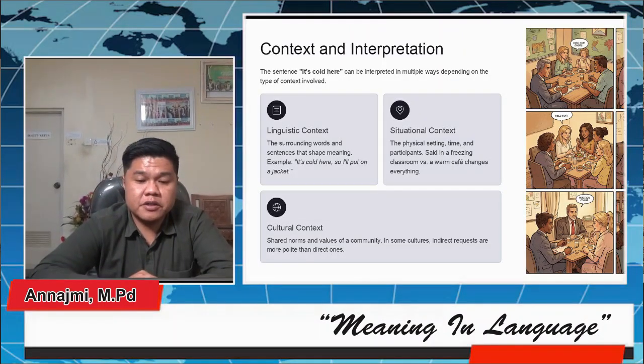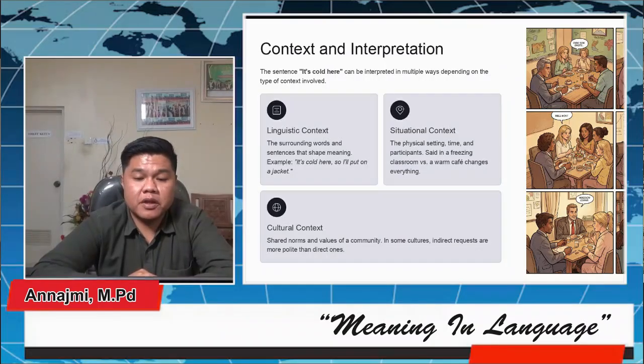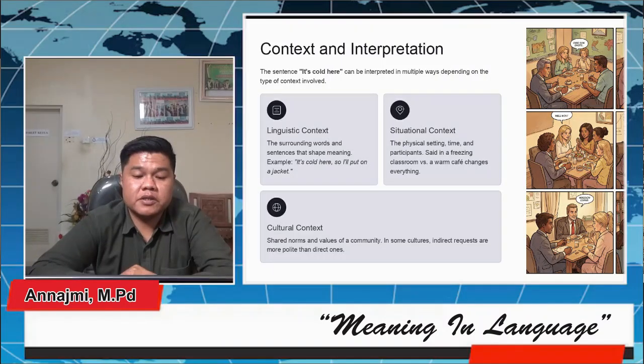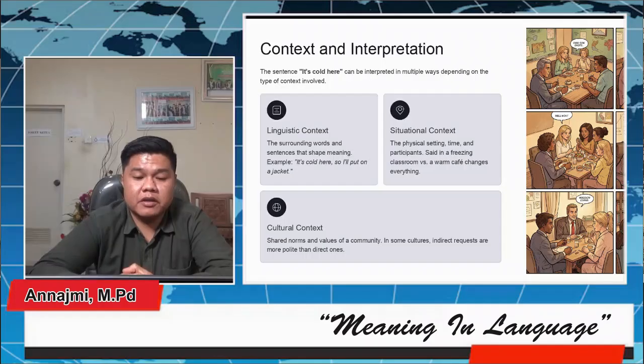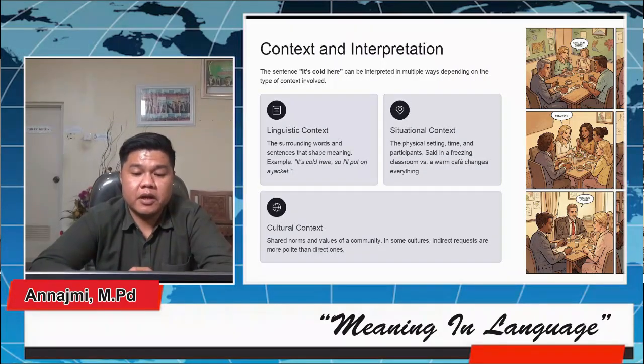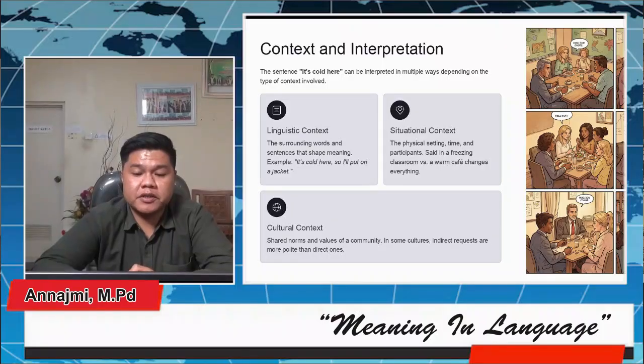The second is situational context, including place, time, and participants. The third is cultural context, which involves social norms and shared beliefs. Context acts like a key that unlocks meaning. Without context, language can easily become ambiguous and lead to misunderstanding.